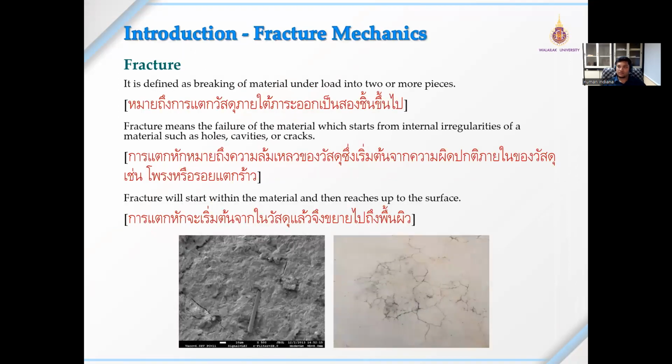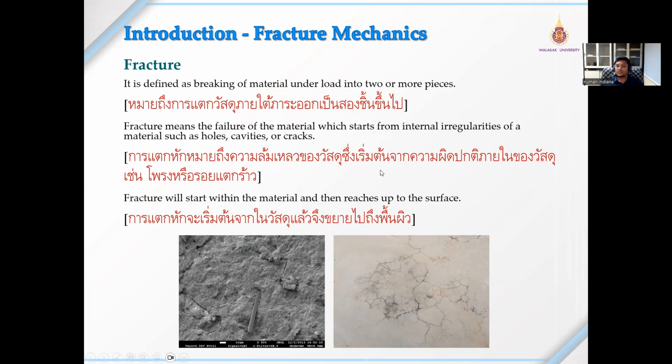Coming to the introduction of fracture mechanics, first we have to understand the fracture. Fracture means a breaking of any material into two or more pieces when we apply the load or the stress onto it.